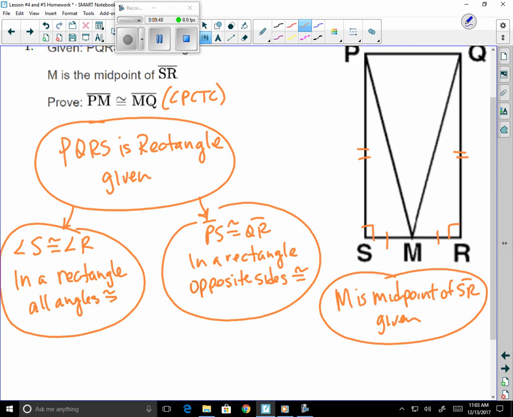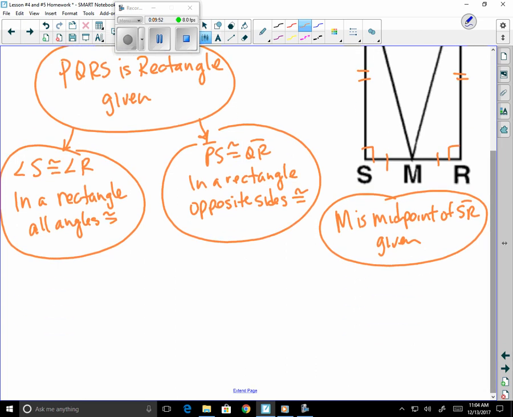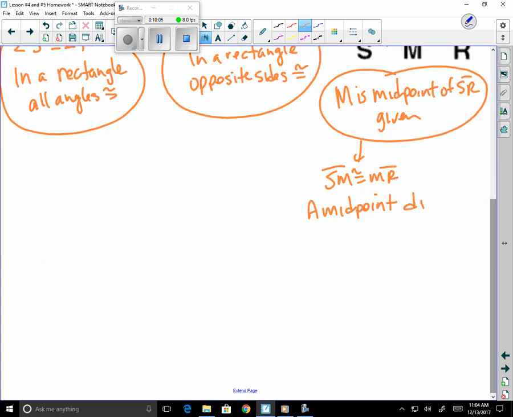And I already labeled in my picture when I first read that the 2 segments SM and MR are congruent. So I could say SM is congruent to MR because a midpoint divides a segment into two congruent segments.